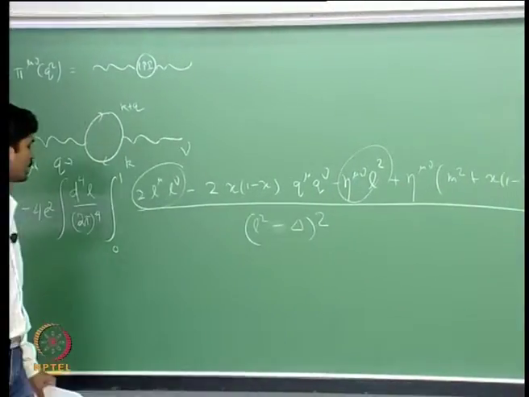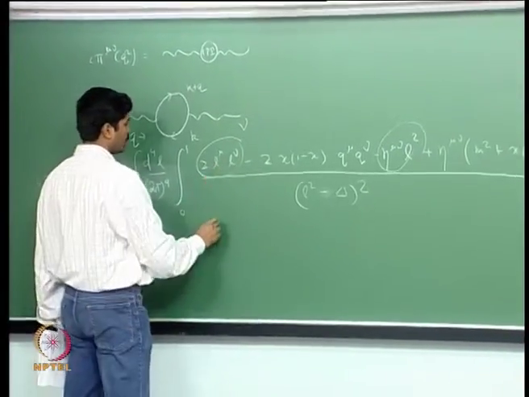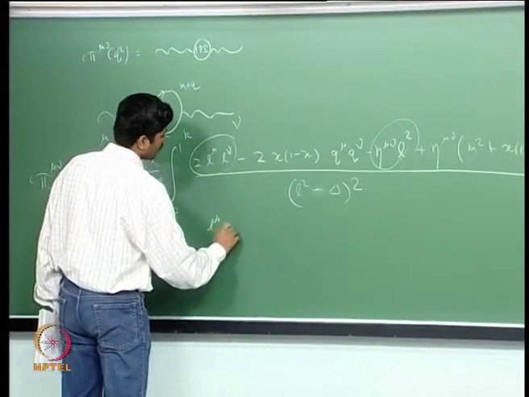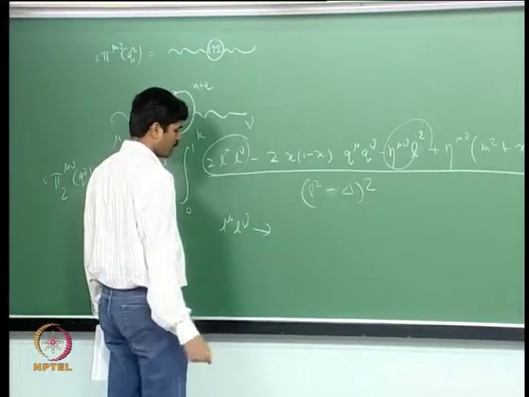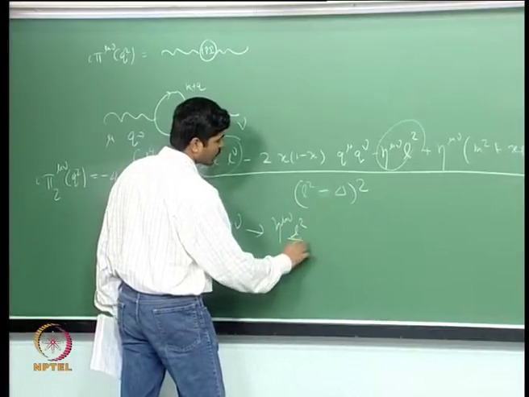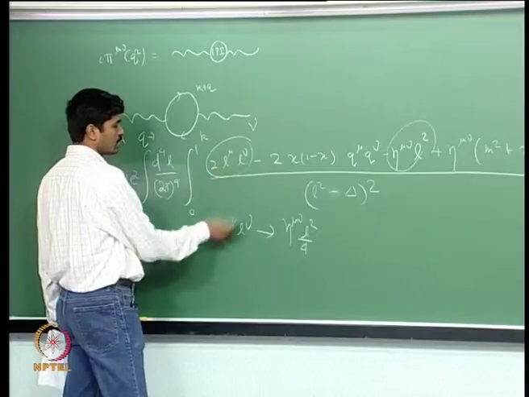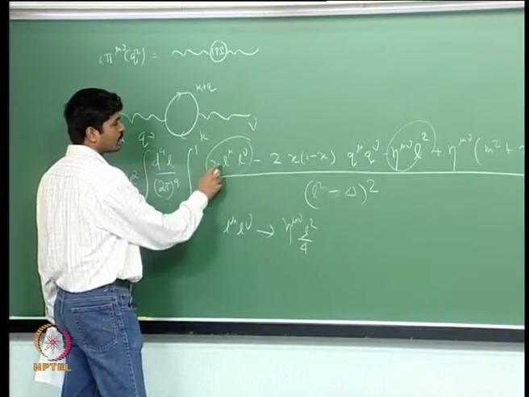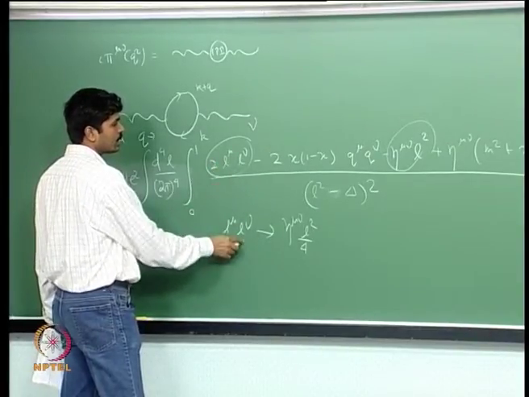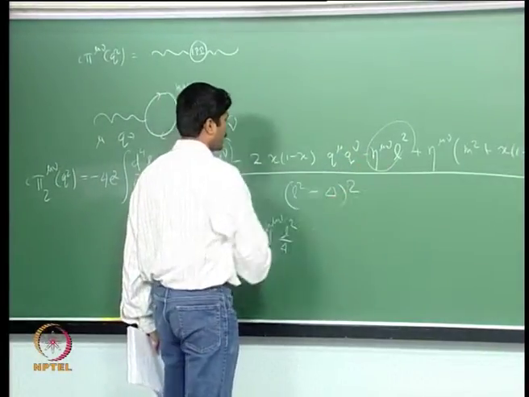We discussed in the last lecture that L mu L nu can be replaced by eta mu nu L square divided by 4 inside the integrand. So what we get at the end of the day is simply half eta mu nu L square.